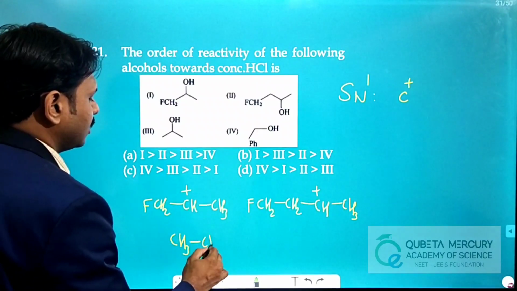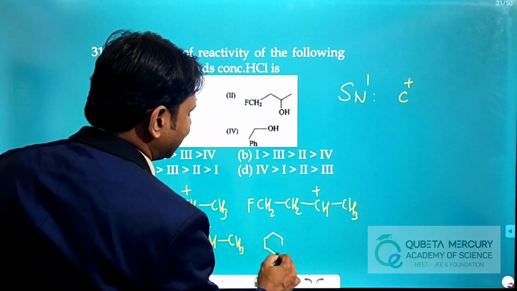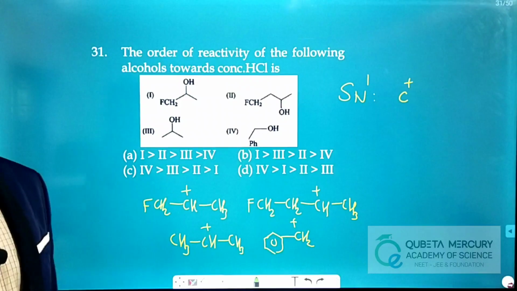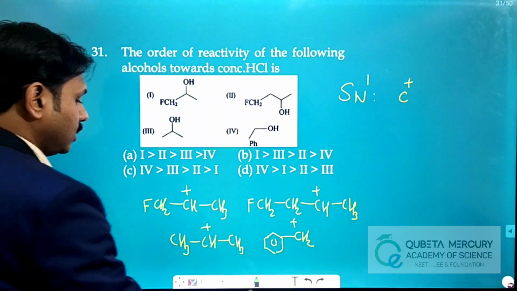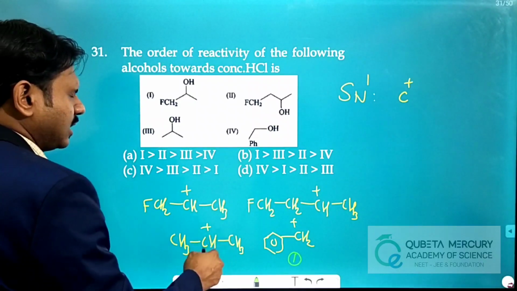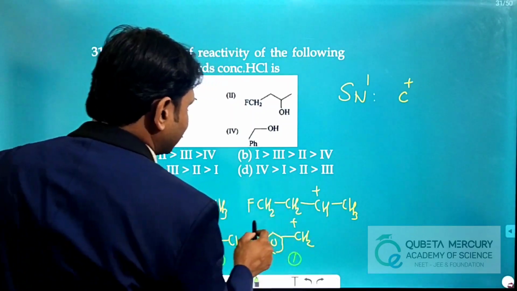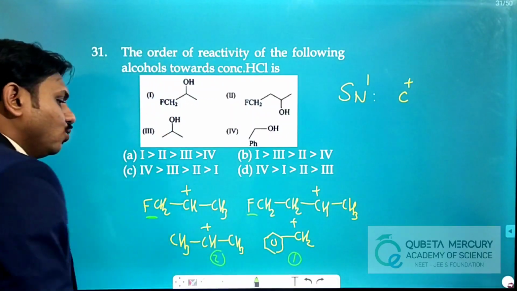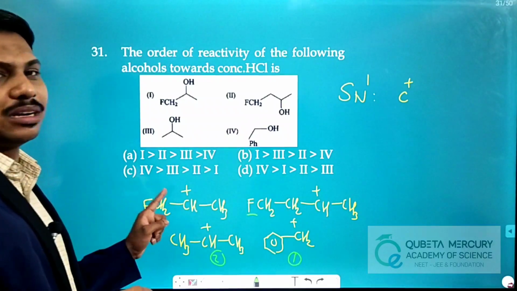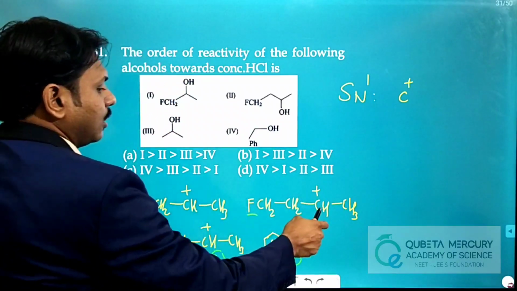Then CH plus CH3, and this is benzene CH2 plus. Among these four, the fourth one, the benzyl cation, is the most stable. Then the third is a secondary alkyl, an isopropyl group without any electron withdrawing group. If you look at the first and second examples, you can see fluorine. Fluorine is an electron withdrawing group. In the first case, fluorine is very close to the positive carbon, whereas here the fluorine is a little farther from the positive carbon.